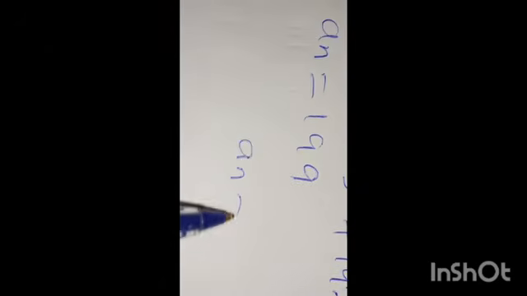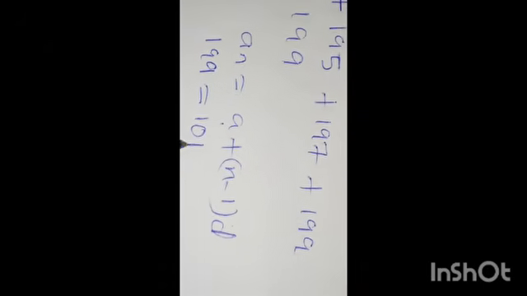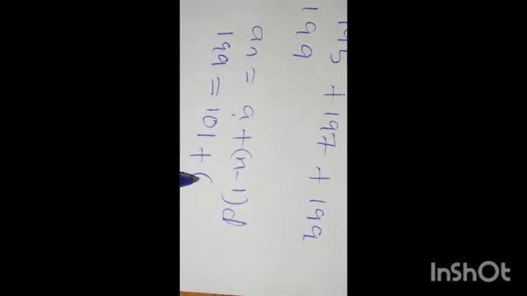For an AP, the nth term is given by an is equal to a plus (n minus 1)d, where we have our an, which is 199. What is our a? Our a is 101 plus (n minus 1), and our d is 2.